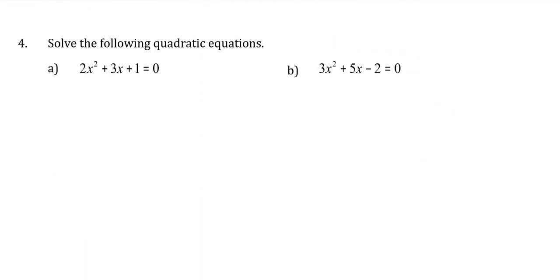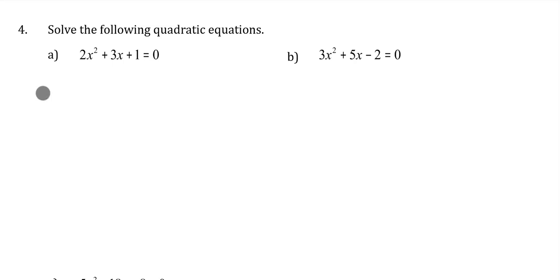Question 4. Solve the quadratic equation. So these are the non-monic ones. So I'm going to split the middle term. I do 2 times 1 is 2, and I'm looking for two numbers that times to give 2 and add to give 3, which would be 2 and 1. So I'm going to split the 3x in the middle to be a 2x and a 1x, the 2 and the 1 that I found.